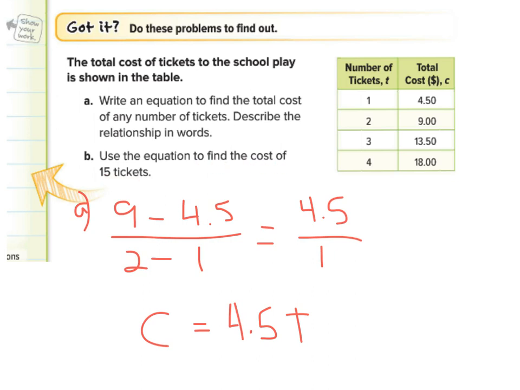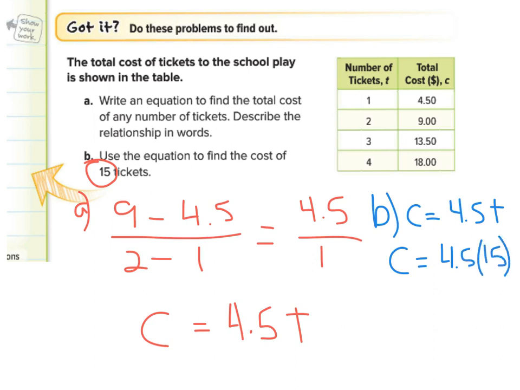Now they want us to use the equation that we came up with to find the cost of 15 tickets. Let's replace the variable of tickets with that number 15. So now I'll go ahead here to do B, and I will write that equation, C equals 4.5 times T. The total cost is 4.5 times the number of tickets, and it's 15, that's what they said.